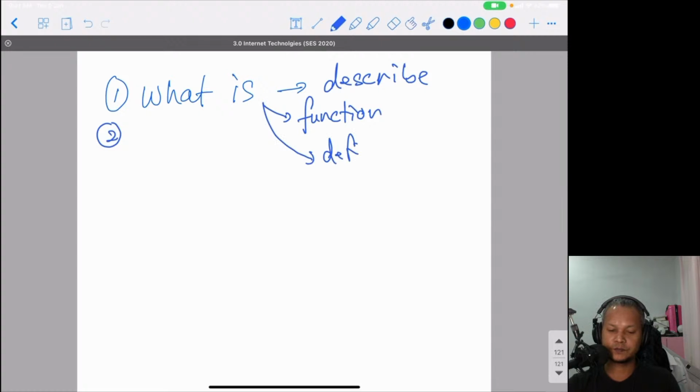Definition. What is? Okay, what is, and then apply questions. Sometimes there are two or more questions we can ask you.